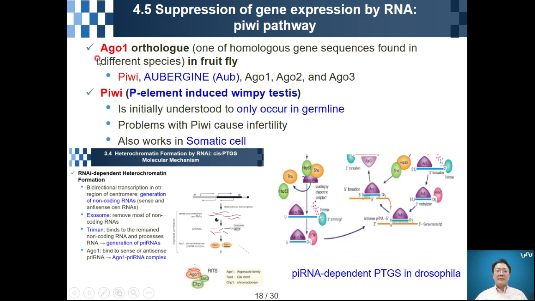We found AGO1 orthologs, meaning homologous gene sequences found in different species.